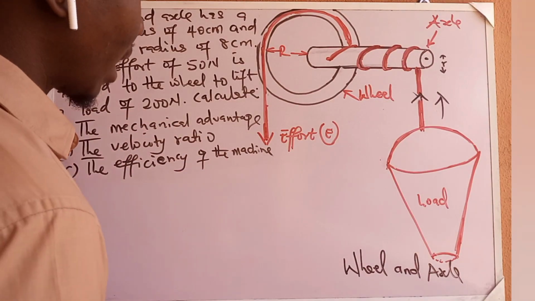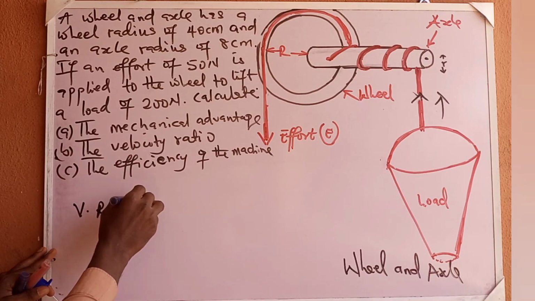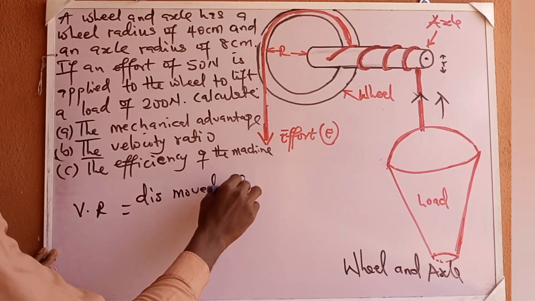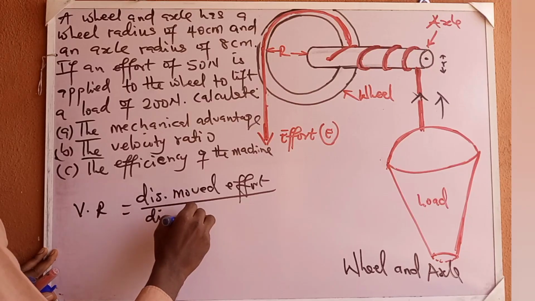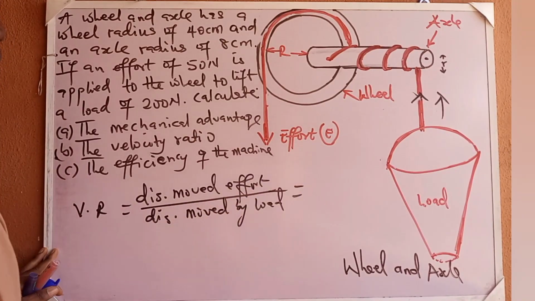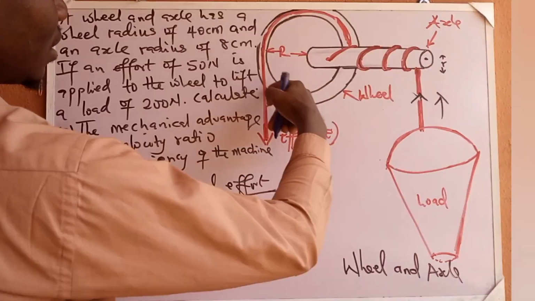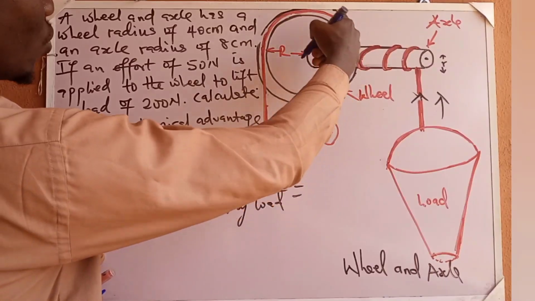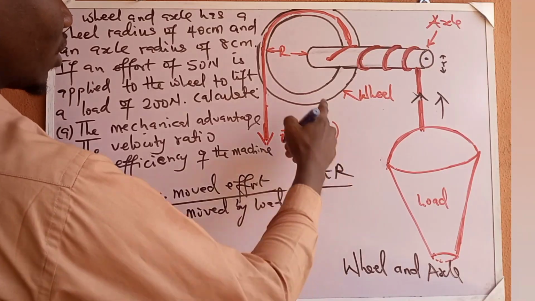So next we're going to look at the velocity ratio of wheel and axle. Velocity ratio is distance moved by effort to the distance moved by load. Let's look at the effort part of this. The effort is applied to the wheel, which is the bigger circle, and it's going to turn it through one revolution, and that gives us 2 pi R for the circumference.